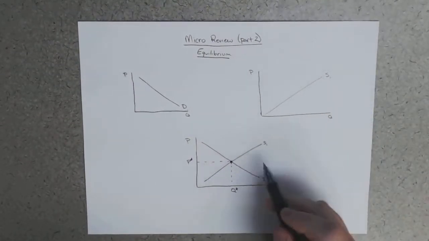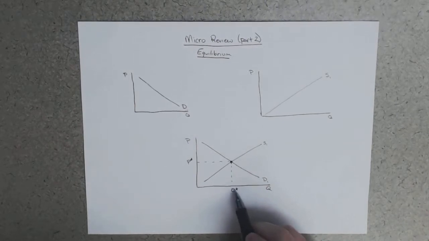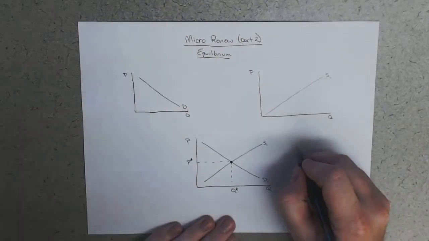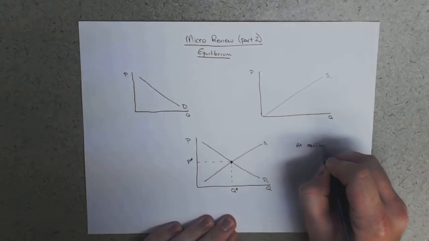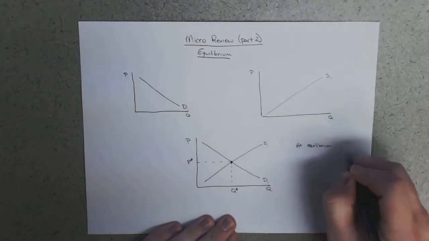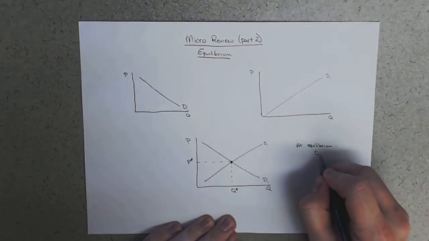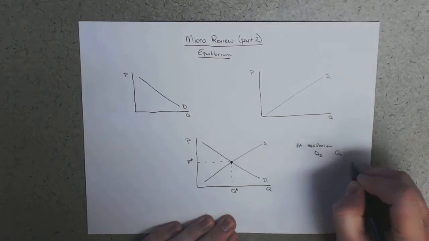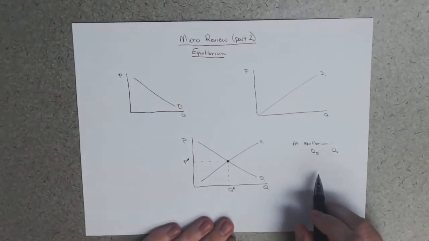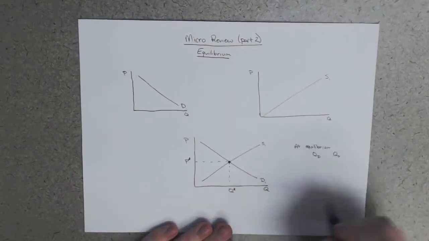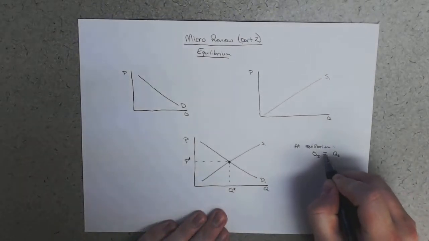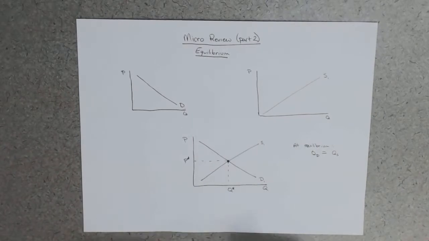And notice what's really great about it is that there's only one quantity that I've listed down here. So at equilibrium, what must be the case about quantity demanded and quantity supplied? Is one of them bigger than the other, or are they exactly equal? At equilibrium, they must be exactly equal to one another.